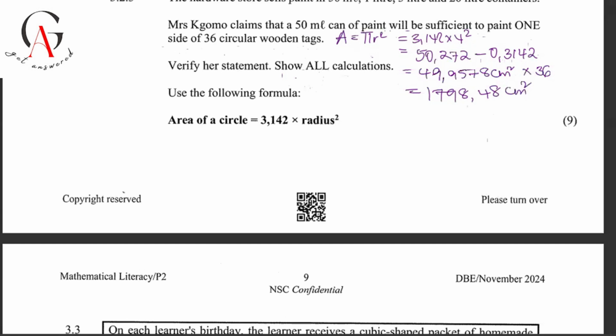We want them to become meters squared because we are using the spread rate that tells us if you only have 6 meters squared, you use 1 liter.